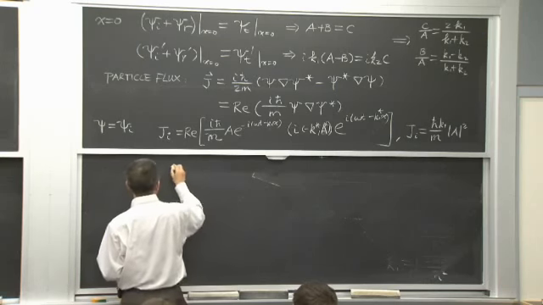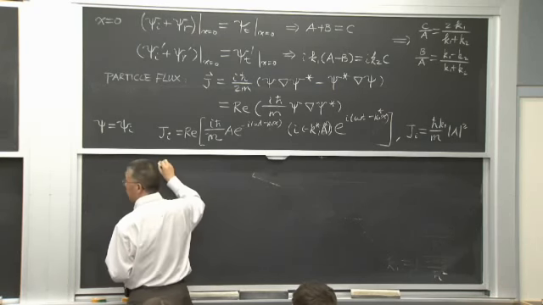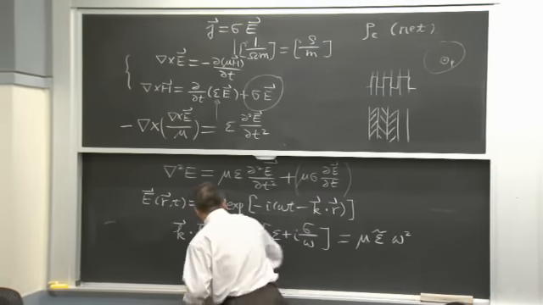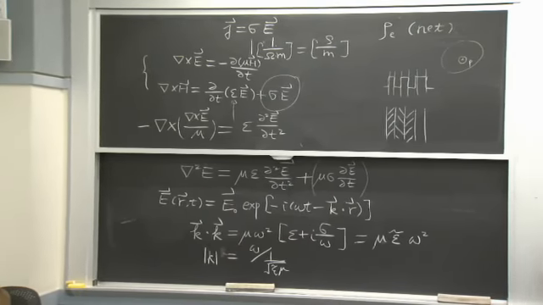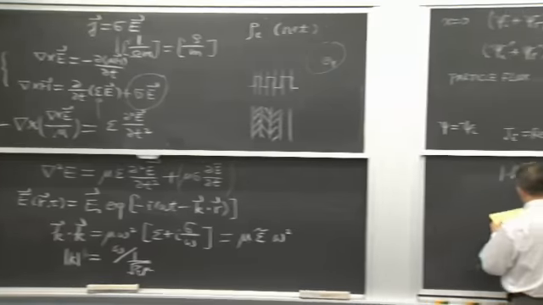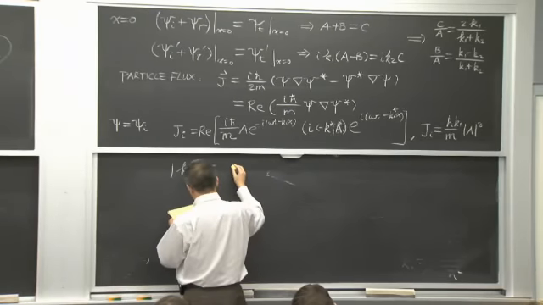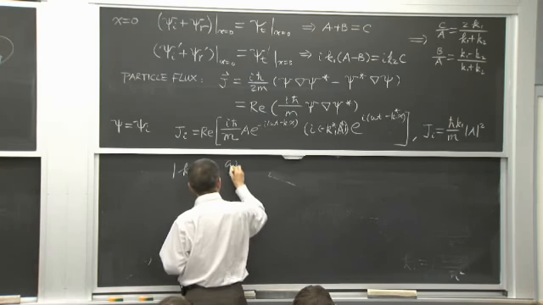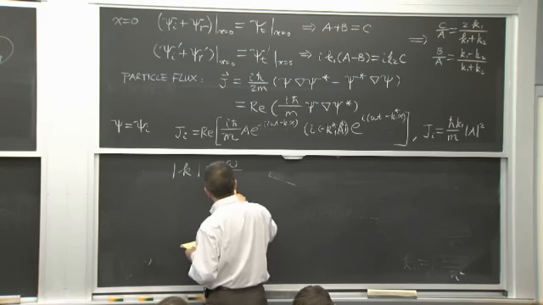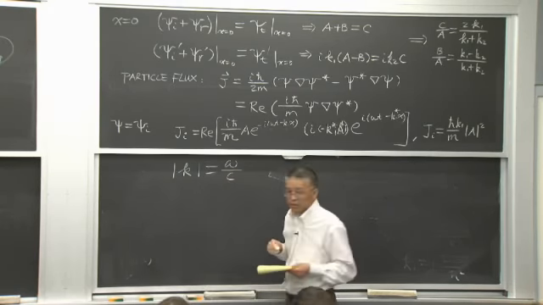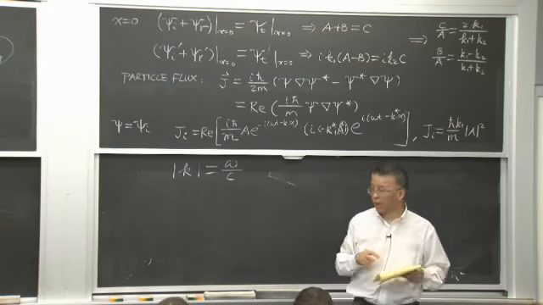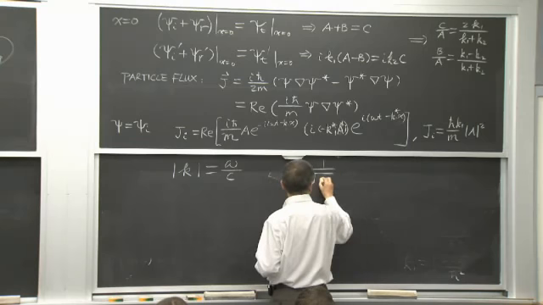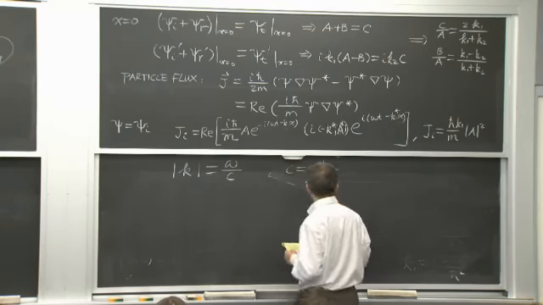So I can write it as k, the magnitude, this is not squared, the magnitude. So the magnitude of k equals omega over c, right? Omega equals c k, that's the dispersion. And c is one over the square root of epsilon tilde and mu.